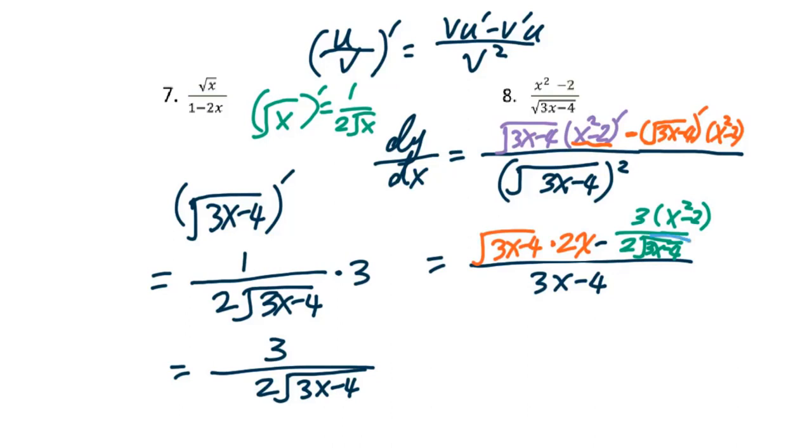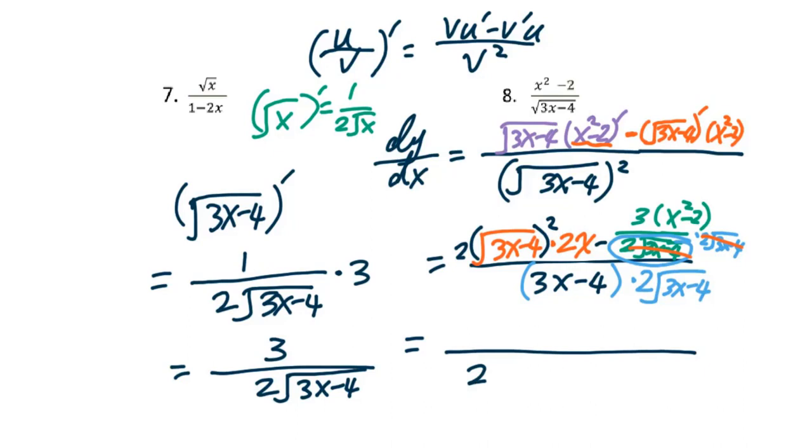For this denominator, we will make every single term multiply by 2 square root 3x minus 4. So if you multiply by 2 square root of 3x minus 4, this is gone. And for here, 2 times, this is a square now. So we organize.